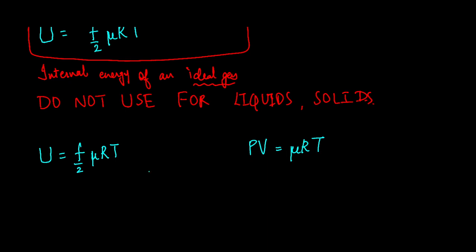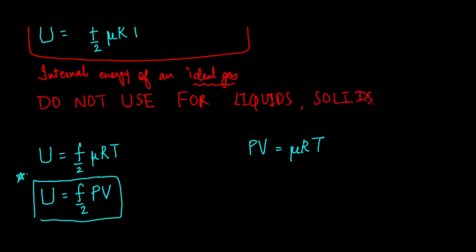So if we use that here, I have another formula for internal energy of an ideal gas. Did you understand this derivation? One step derivation here. mu RT is equal to P into V, pressure into volume. So U equal to f by 2 P into V, that is pressure into volume.